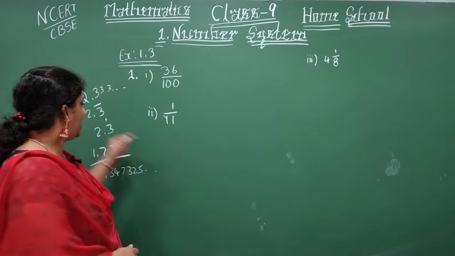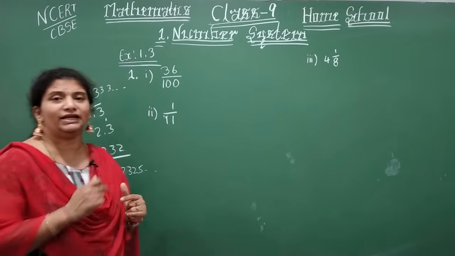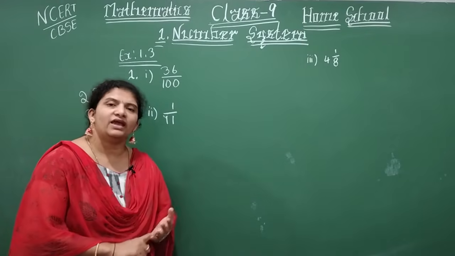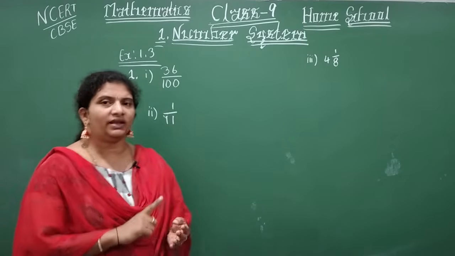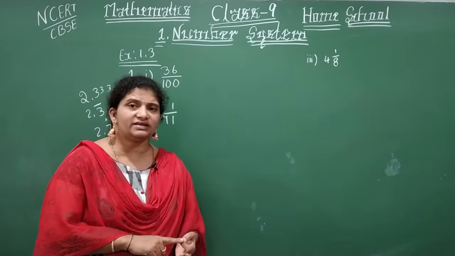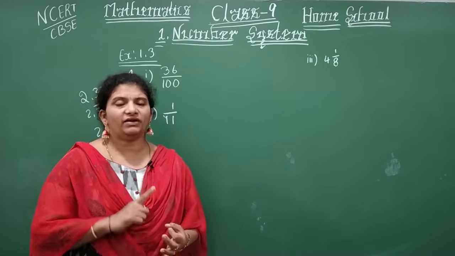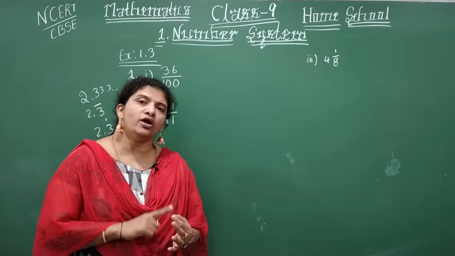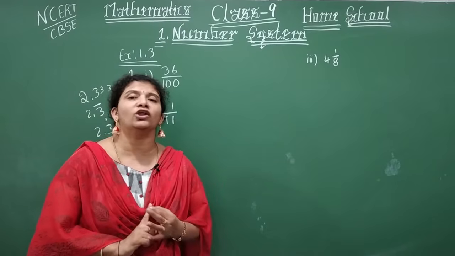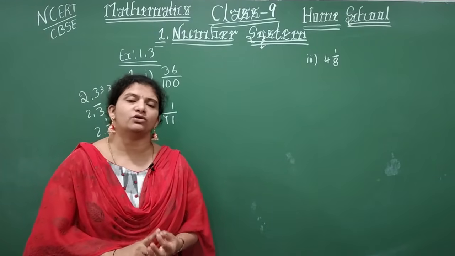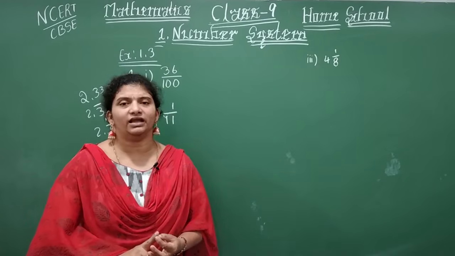See here, children, we can convert other decimals into rational. What are those? If you have a terminating decimal, or a non-terminating and repeating decimal, we can convert. But non-terminating, non-recurring decimals, we cannot convert into a rational number. Those type of numbers are always irrational.